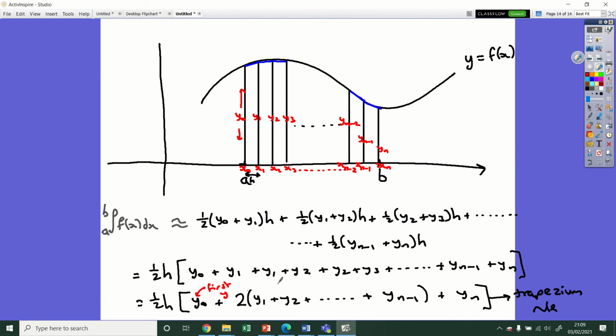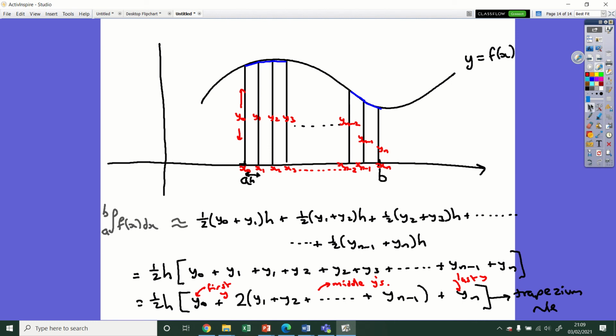This is the first y, this is the last y, and then all of these are the middle ones. And that's exactly how the formula works. So I don't suppose you have to be able to derive this formula, but you do have to be able to use it. It is in the formula book if you want to look it up, but it's worth us having that written down and you know where it comes from.